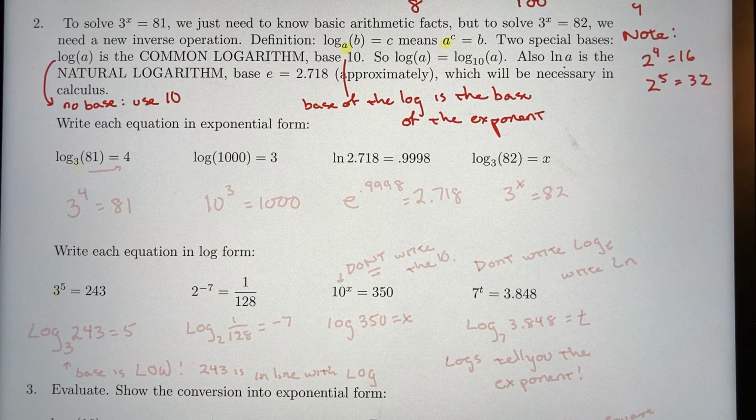Writing each equation into exponential form, again, the base of the log becomes the base of the exponent. 3 to the, go across the equal sign, is 81. What's the base? 10.